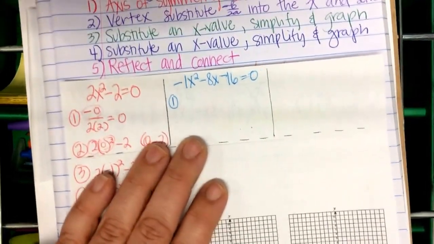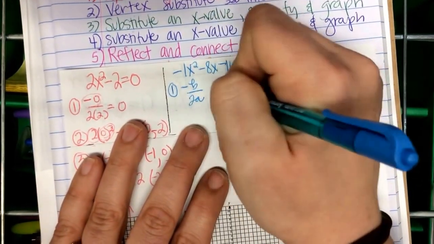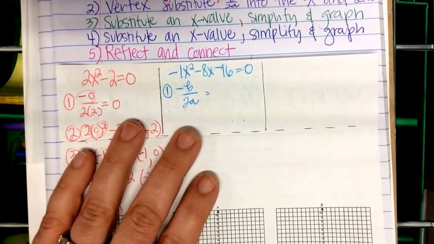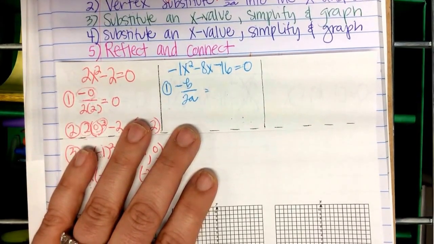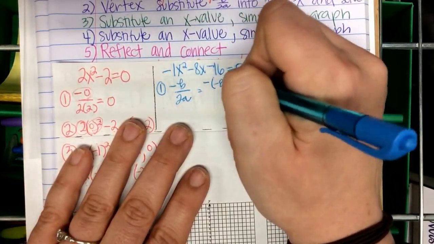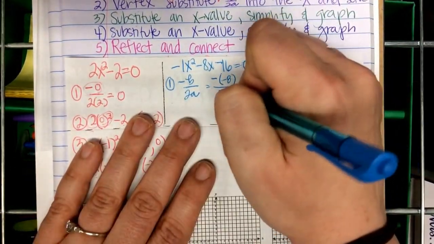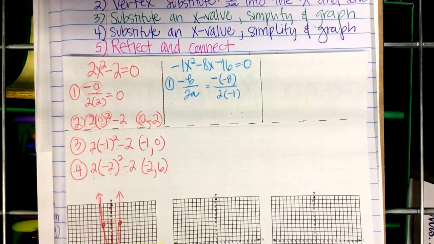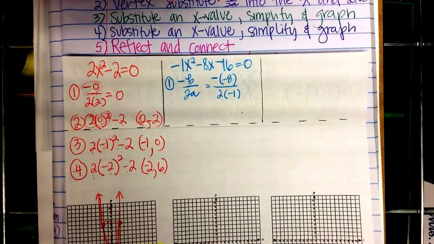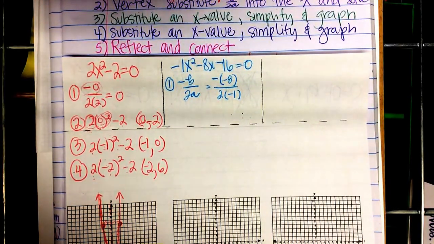What's the first thing we do? Negative b over 2a. What's the b value? So I'm going to do negative 8 over 2 times negative 1. Again, ladies and gentlemen, anytime you use a negative number for substitution, substitute it using parentheses.